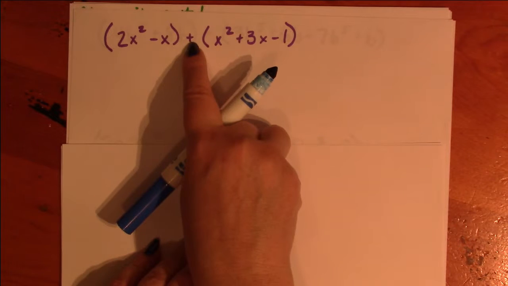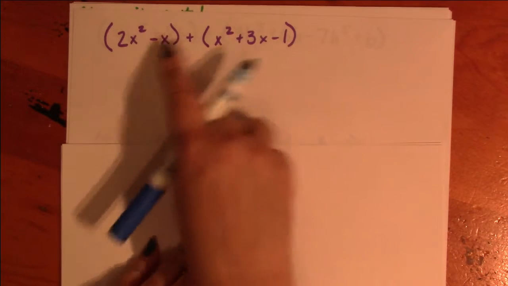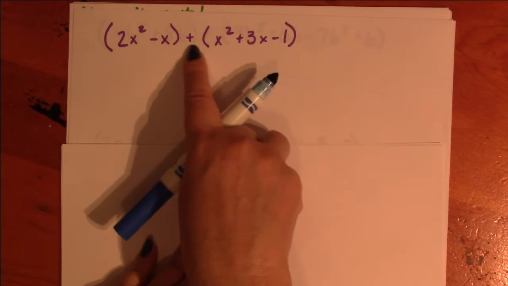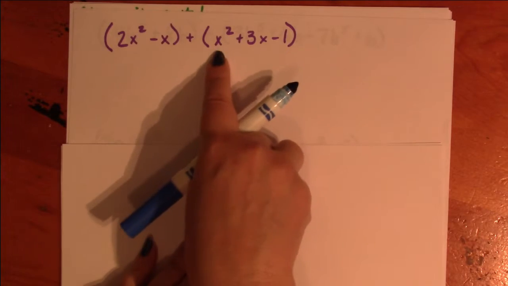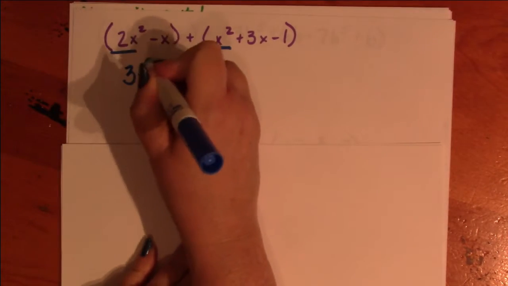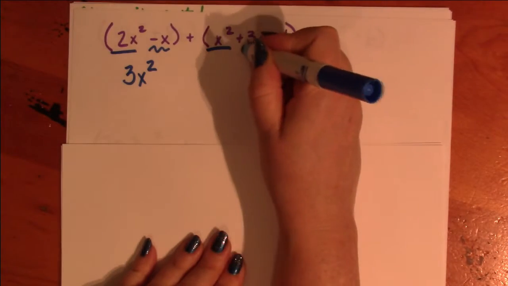And this addition sign means that we're going to take all of these straight at face value. So here we have 2x squared and a positive x squared. So when we combine these two, we're going to get 3x squared. Here we have an x and an x.